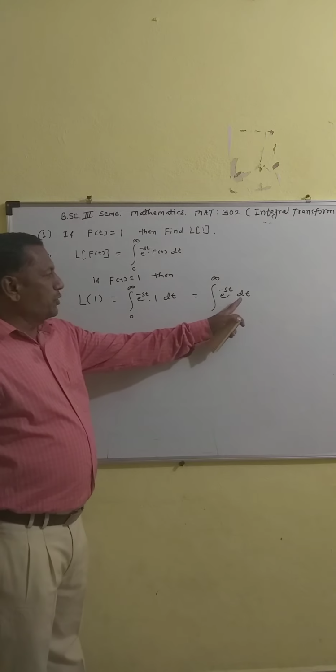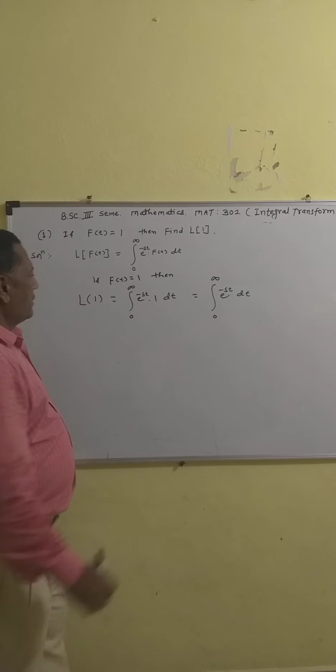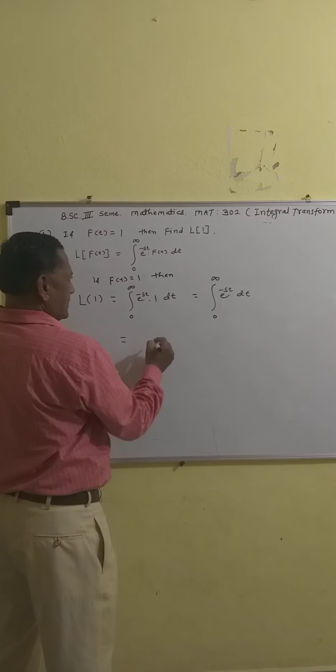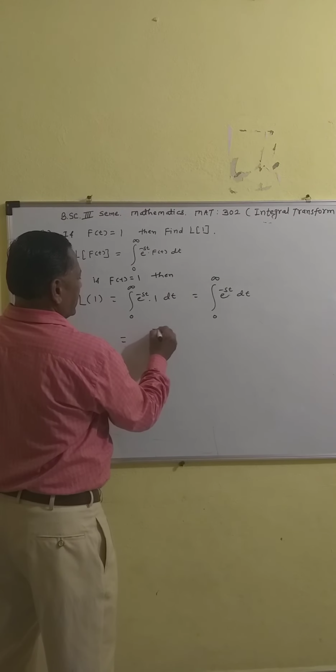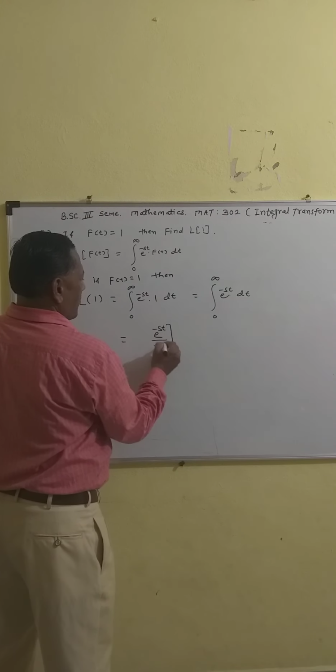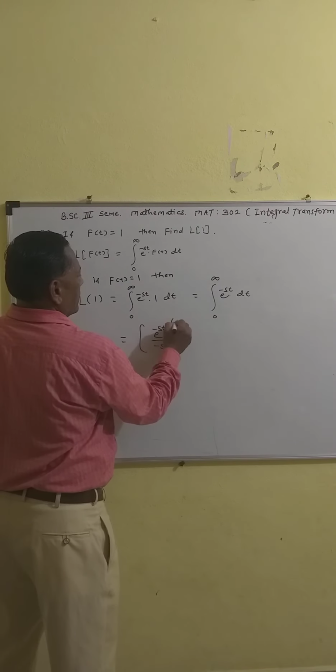Integration is with respect to t. s is the parameter. So what is the integration of e raised to minus st? E raised to minus st upon minus s. Upper limit is infinity and lower limit is 0.